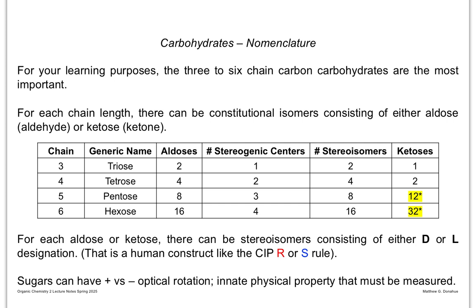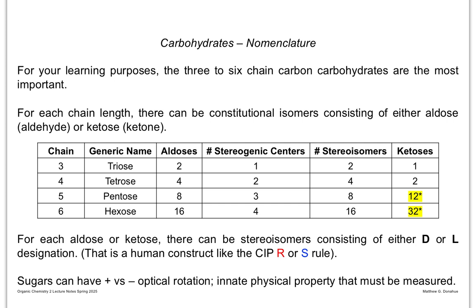And then if you look at the rest of the columns in that table, I have these words aldoses and ketoses. And that refers to the functional group of the highest oxidation state on the carbon backbone. So an aldose basically has an aldehyde at the highest oxidation state, and then everything else is at an alcohol oxidation state. A ketose has a ketone. So the carbonyl group has migrated from the terminal carbon of the backbone to the internal carbon.